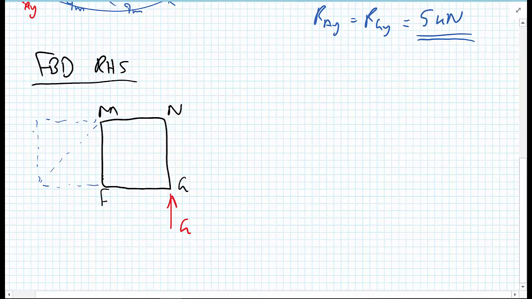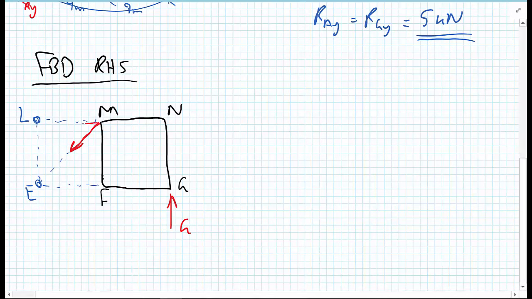So we've got dotted lines, and I'll put them in a different color, where the point E would be and the point L would be, but they don't actually exist because we've cut that away from the structure. But this does help us. At point M, we have a force going in the direction to E, and we're going to presume that it's acting in a tensile manner.